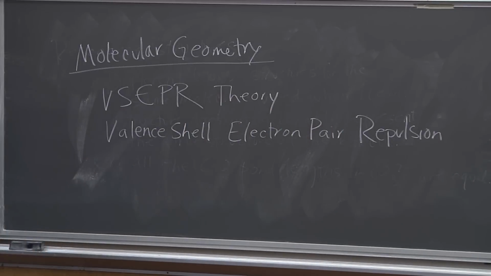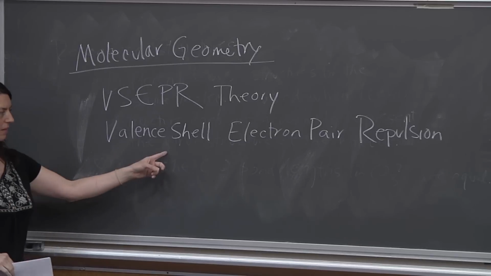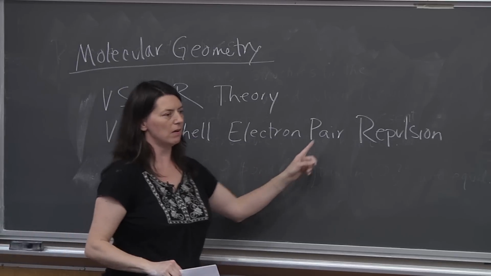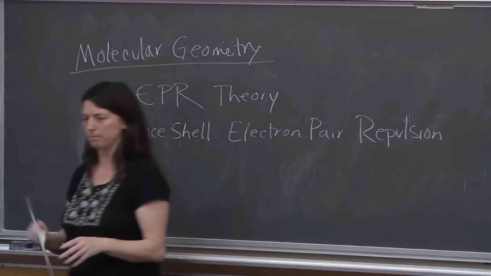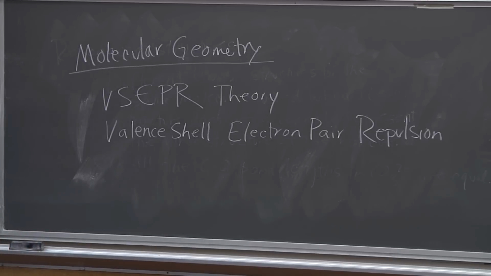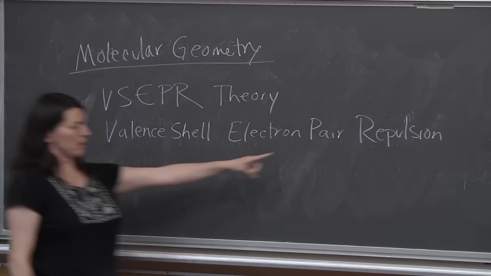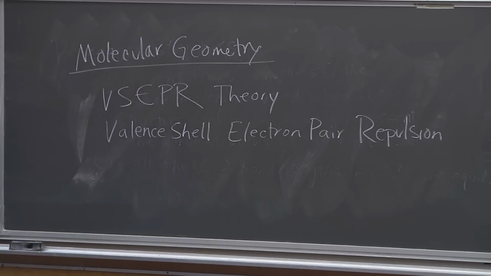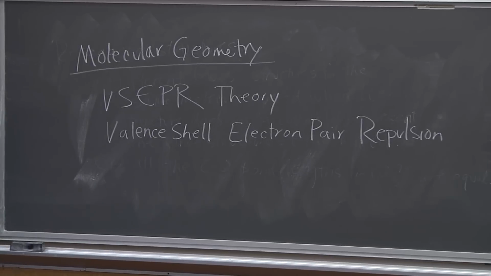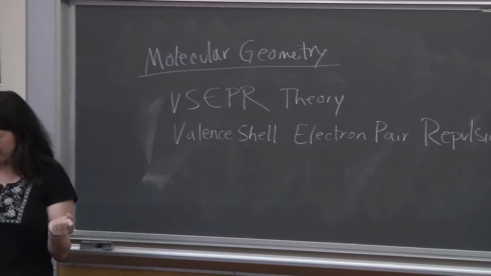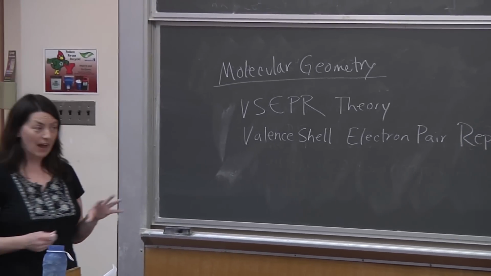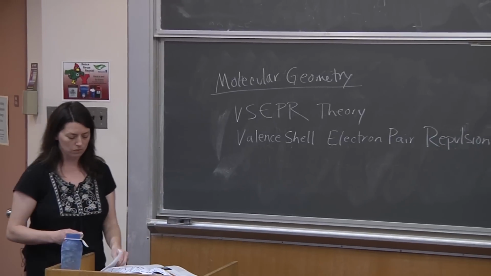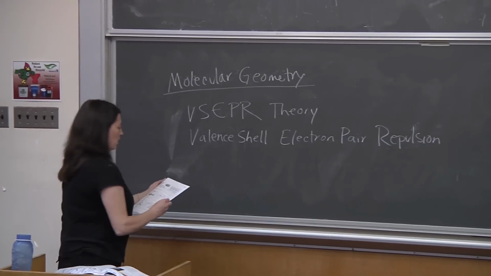That stands for valence shell electron pair repulsion theory. The heart of this theory is repulsion. Electrons, as you know, are negatively charged, so they will tend to repel each other if they can, and that affects the three-dimensional shape of molecules.